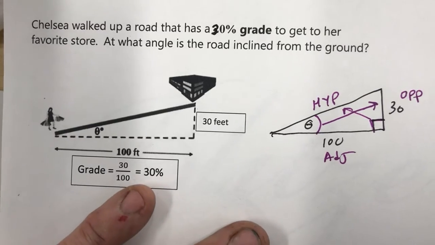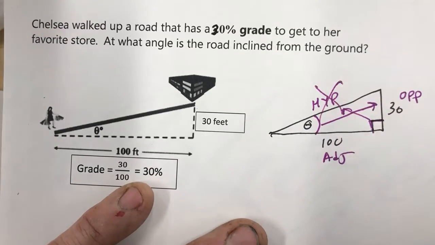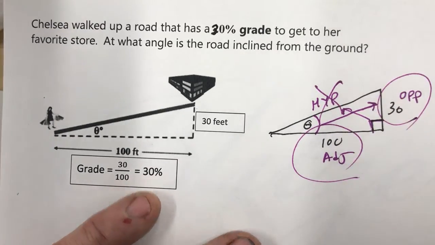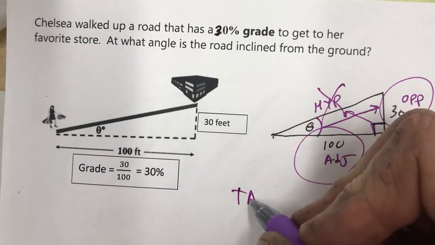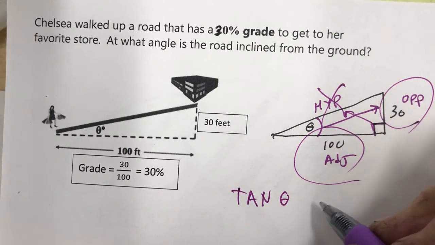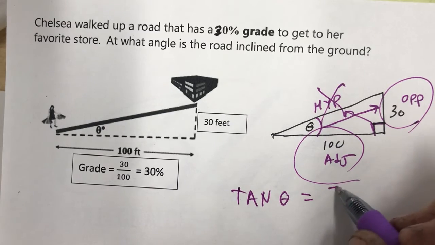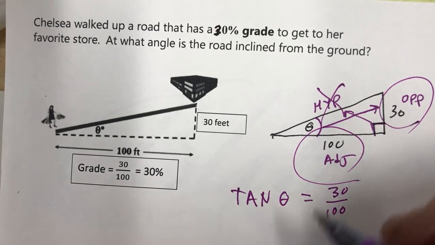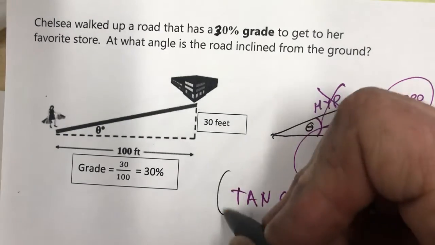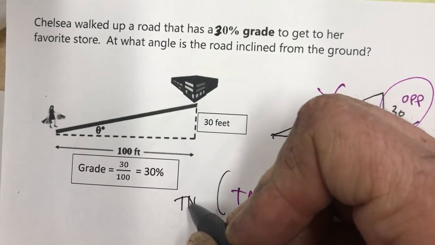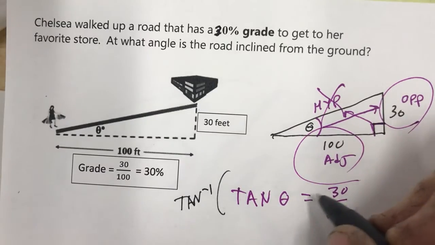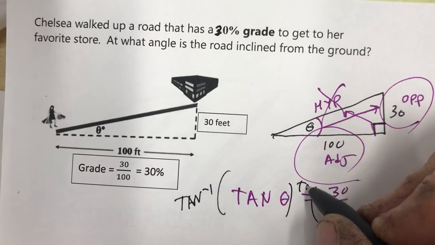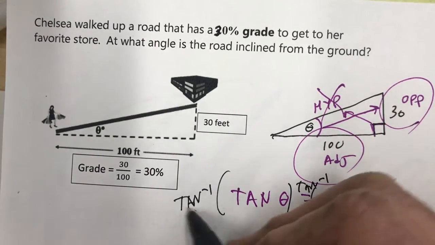All right, which of the three sides do I not care about? The hypotenuse. So I got the adjacent and the opposite, and this is a tangent. Tangent theta equals the opposite 30 over the adjacent, which is 100. So to solve this, I'm going to do tangent inverse, which makes this cancel.